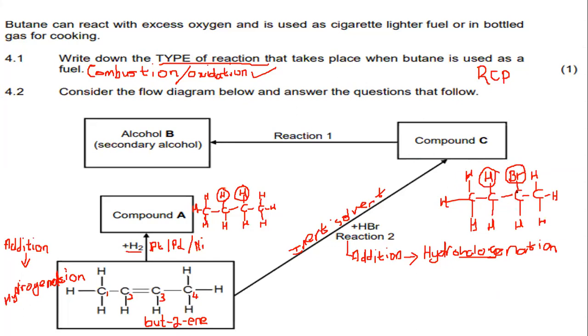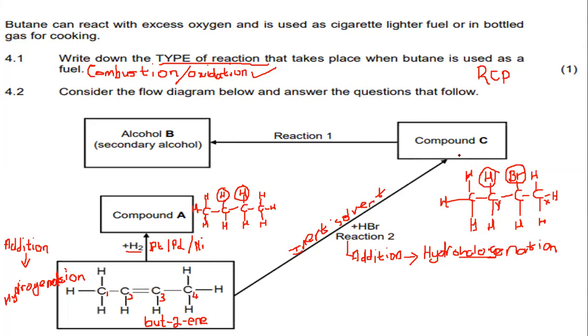Now, why is it a secondary? Because the carbon that is carrying the bromine, in other words the carbon that is carrying the halogen, is bonded to this carbon, and it is bonded to that carbon. So the carbon that is carrying the halogen is bonded to two other carbon atoms, and that is what makes it a secondary haloalkane.